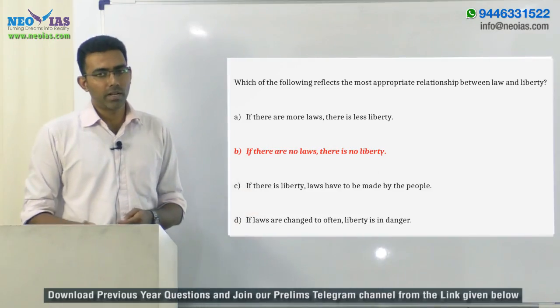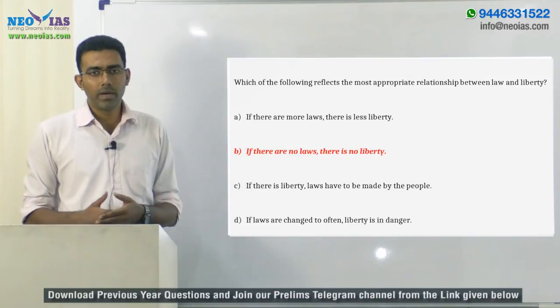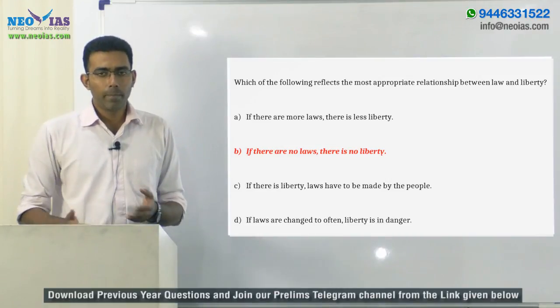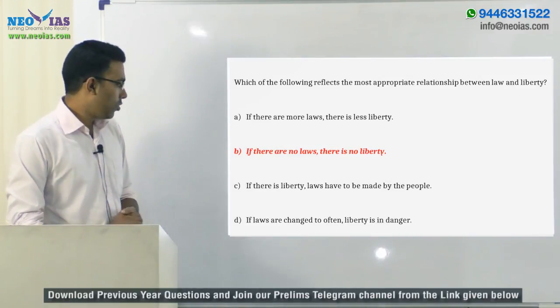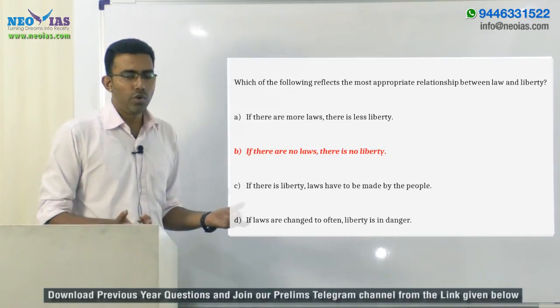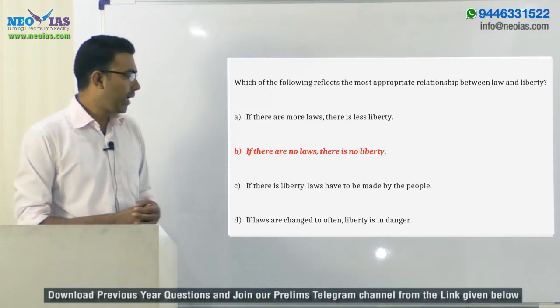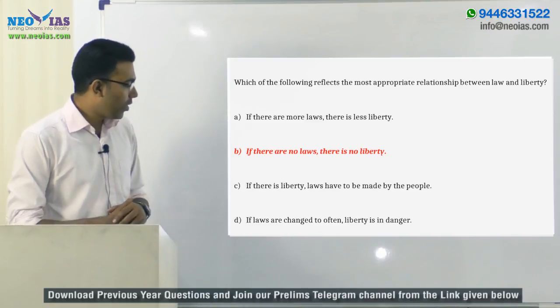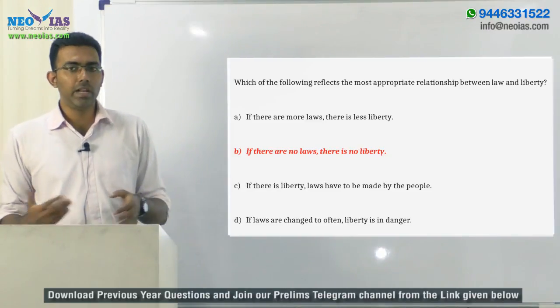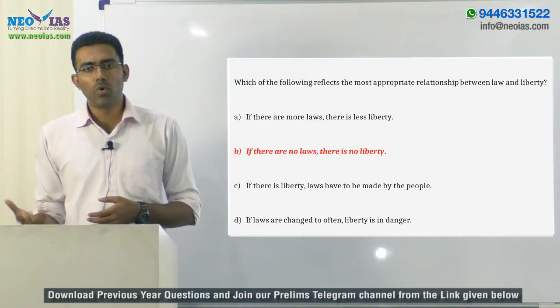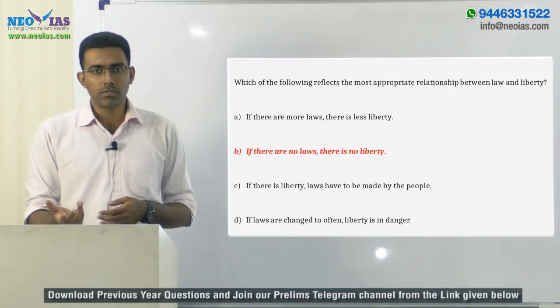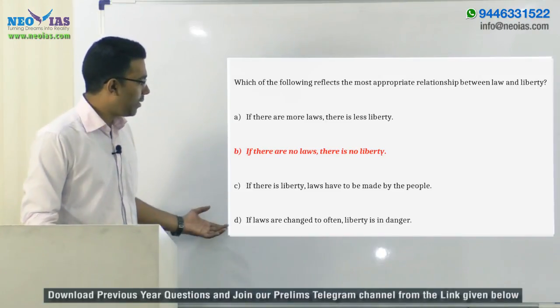Here again, just consider the case of China vis-a-vis that of India. In China's case, the laws are made by the people themselves, that is, the people in the Communist Party will be making the laws. But again, it necessarily does not bring in that liberty which Indians enjoy. So this is not that much correct. Again, liberty is also given by autocrats. So C is not correct, even though you may be unsure about it, skip on to the next one. If laws are changed too often, liberty is in danger. It need not be the case. Laws may be changed too often so as to bring in more clarity also. So A and D can be eliminated.